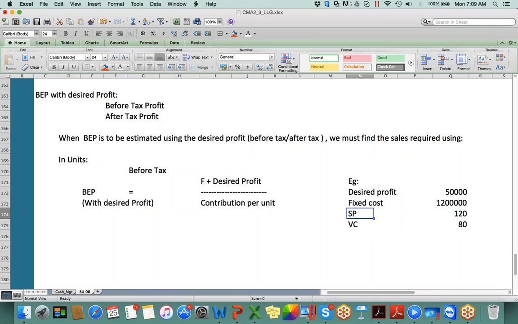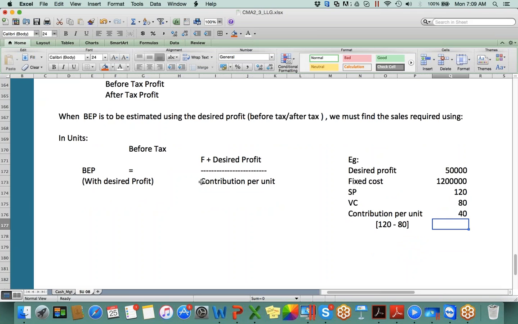What is the contribution per unit? Contribution per unit equals 120 minus 80, that is sales price minus variable cost, equals 40, which you need to find out first. Okay, contribution margin per unit is 40.